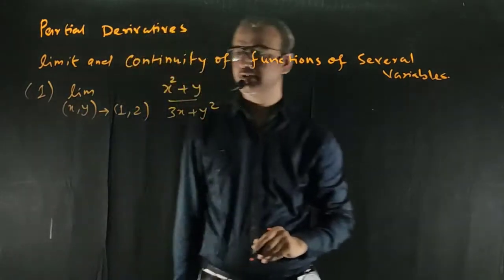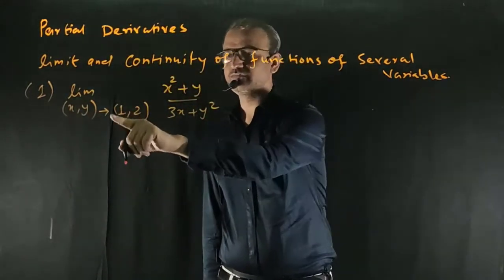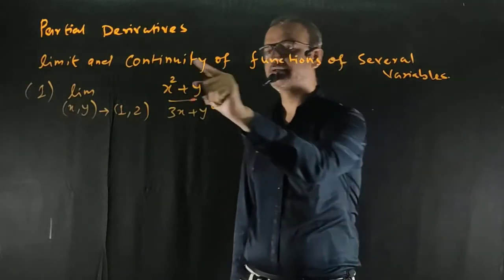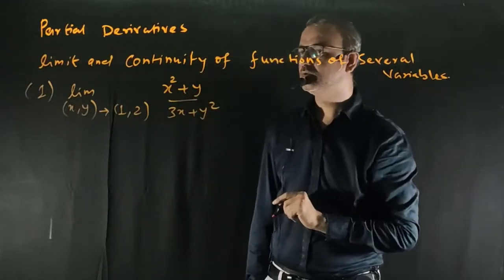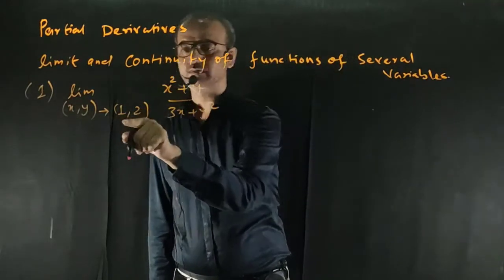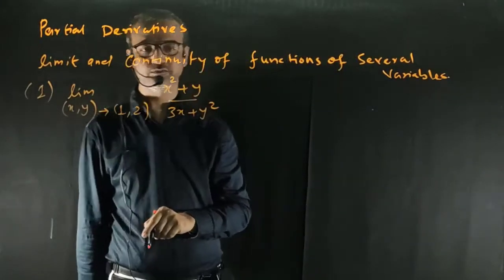Now if you put directly the value of x equals to 1 and y equals to 2 in this function, and if the denominator is non-zero, then we can directly put the value of x equals to 1 and y equals to 2.